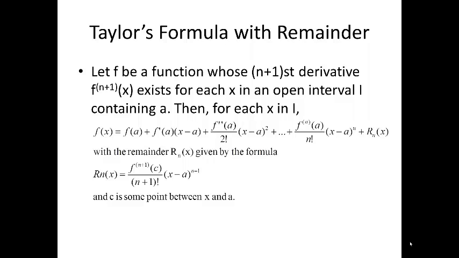Then for each x in I, f of x is equal to f of a plus f prime of a times (x minus a) plus f double prime of a divided by 2 factorial times (x minus a) squared, all the way out to the nth derivative of f evaluated at a, divided by n factorial, times (x minus a) raised to the n, plus some remainder R sub n of x, which is given by the formula: the (n+1)th derivative of f evaluated at c, divided by (n+1) factorial, times (x minus a) raised to the n plus 1, where c is some point between x and a.